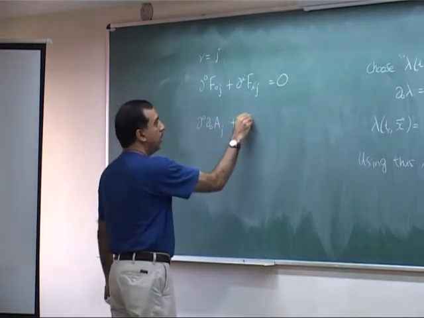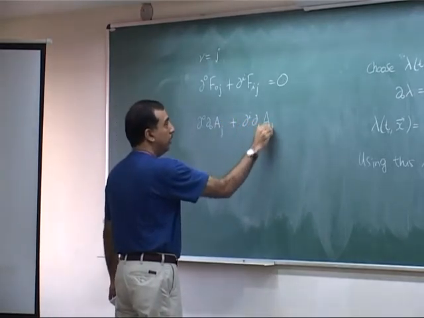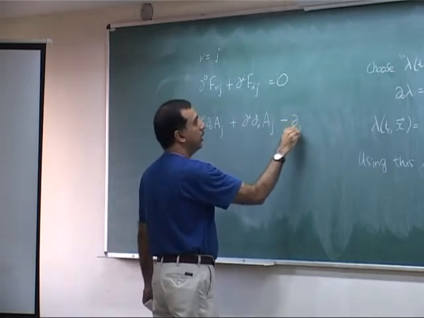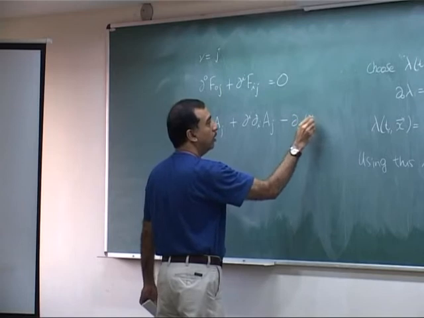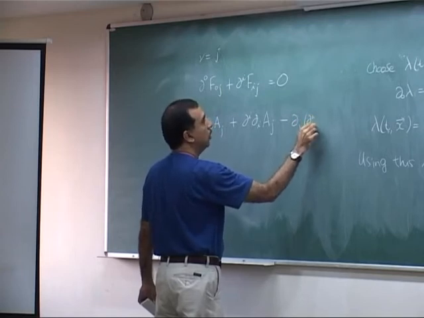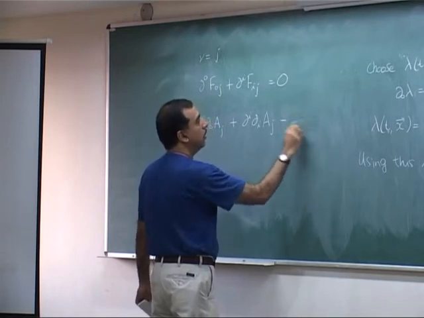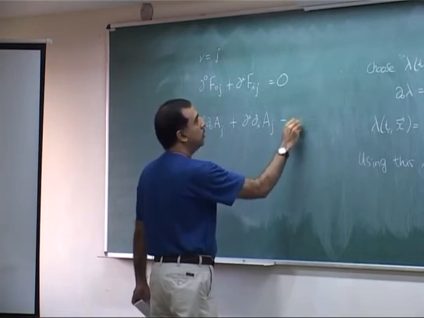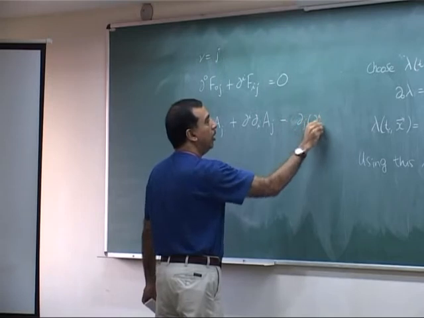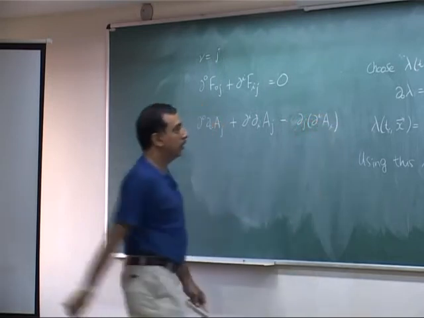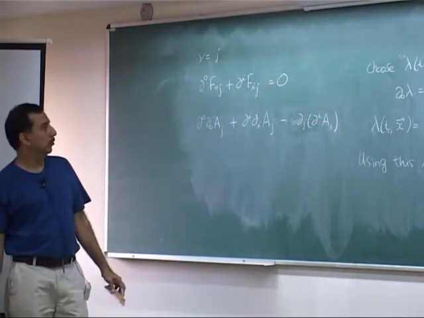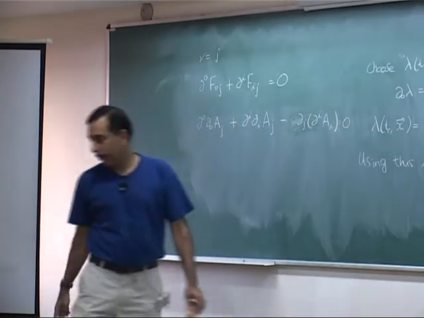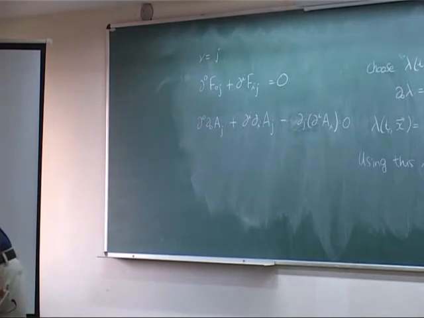The second one is del I of Aj. And the third term is minus del j of del I AI. This is the equation.